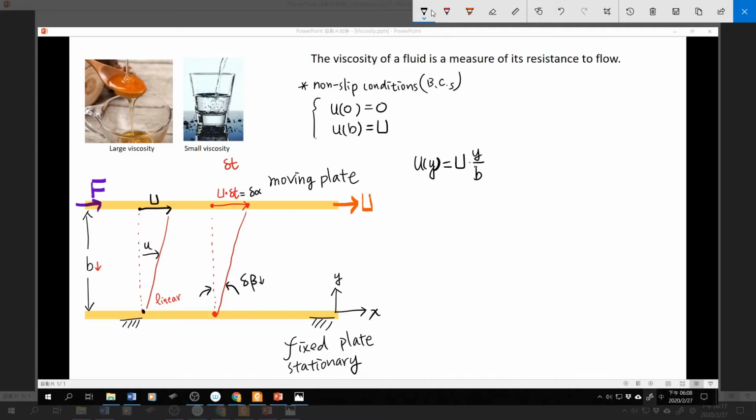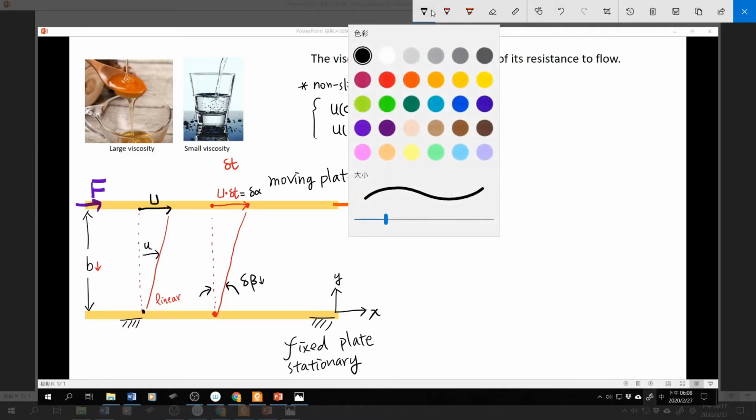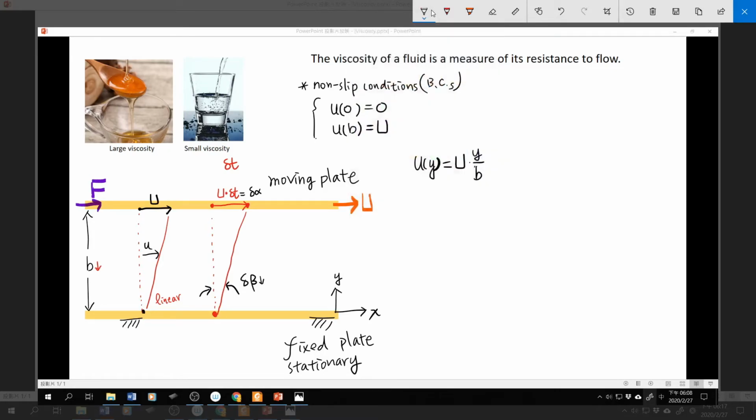So you can imagine that it will not look like this. Actually, it might look like this. With a very small time, you cannot even see the displacement, and I just draw it more dramatically to let you understand.